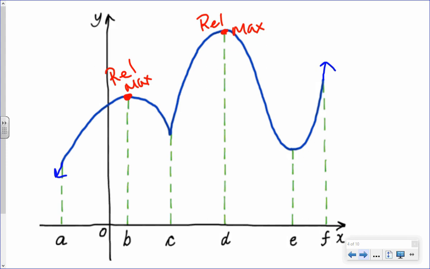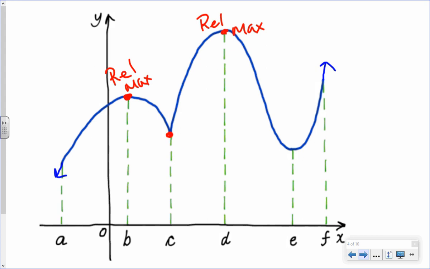We don't have the very highest point ever in the graph because it goes forever in both directions, right? But relatively, it's a high point. And B, relatively, it's a high point. It's a change in direction. What is true about both of the derivatives at B and D? It equals 0. Awesome.